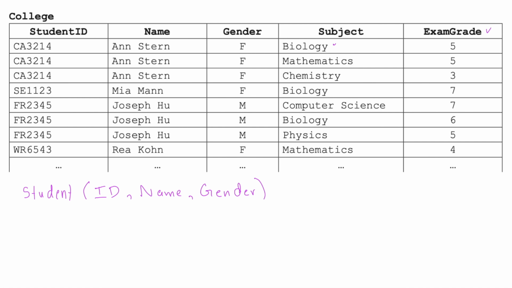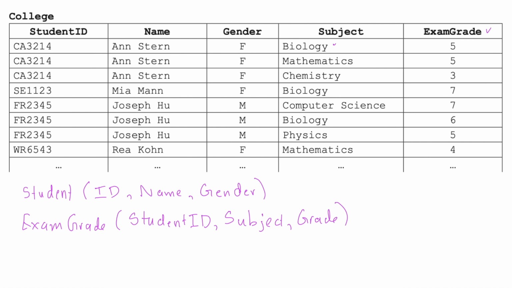And I know with grades for sure, because every grade is determined by a unique combination of a student ID, a subject. Because if you have the student ID, you have the name and gender. So we could say that every exam grade is going to be a combination of a student ID, and each of these are going to have to have their own ID. Well, let's say first of all, each of those is going to be a combination of a student ID, a subject, and the grade itself.